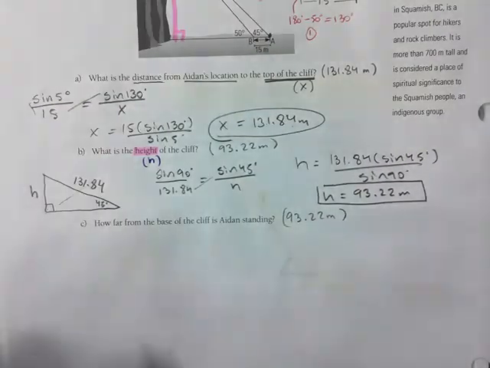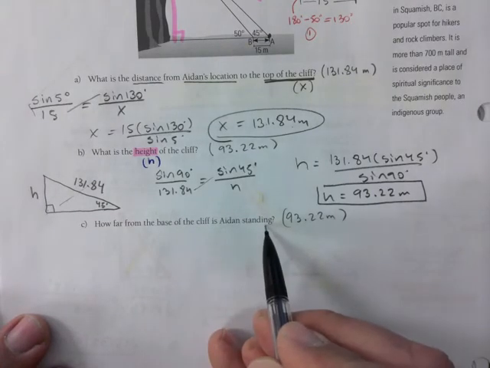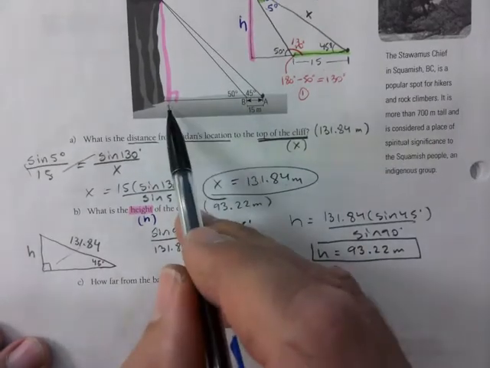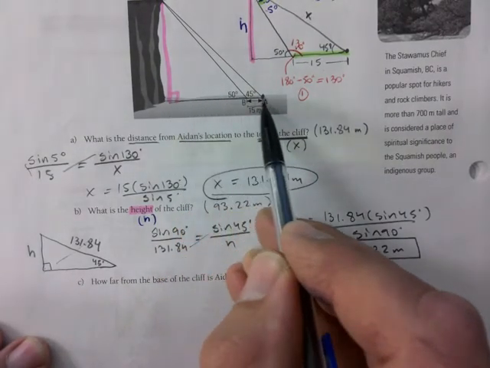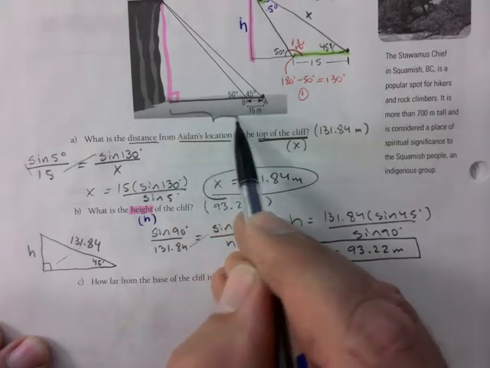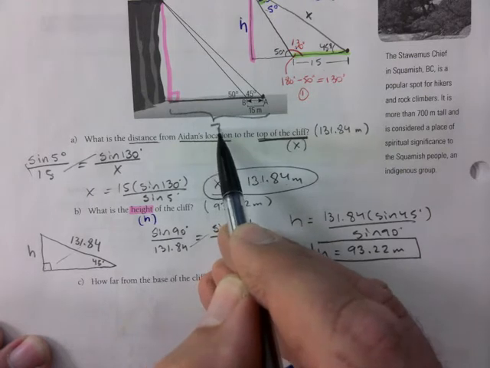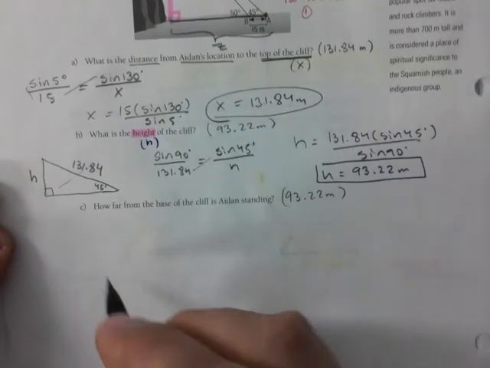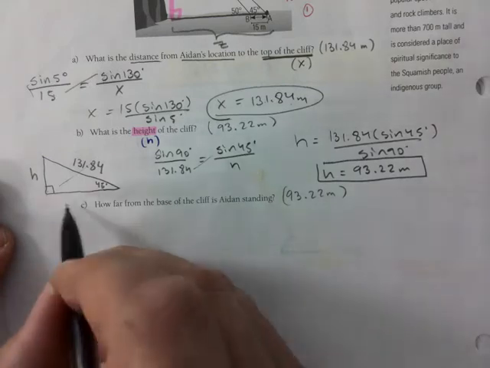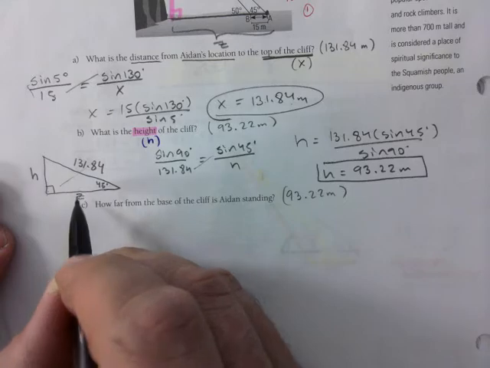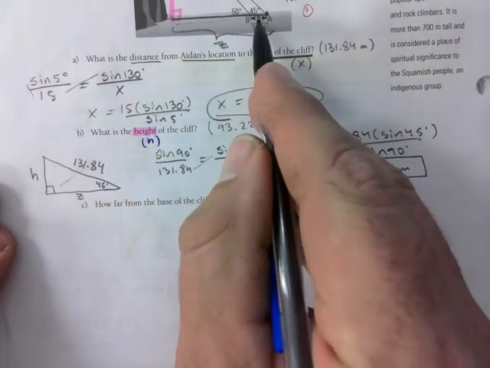Okay. How far from the base of the cliff is Aiden standing? What are they asking for there? Right, they're asking for this whole thing. Let's call that Z. Pay attention, guys. Z. Is this Z right here? It is. This is the same thing as this Z here.